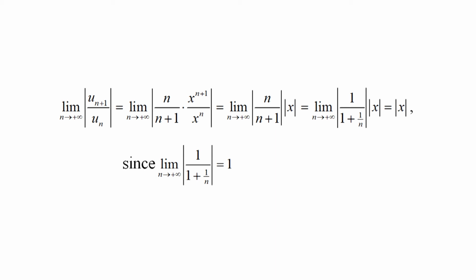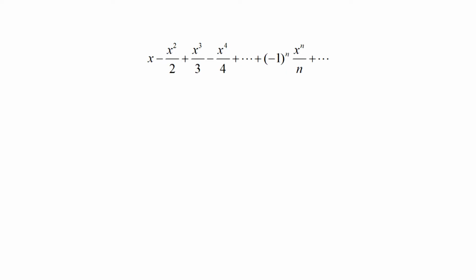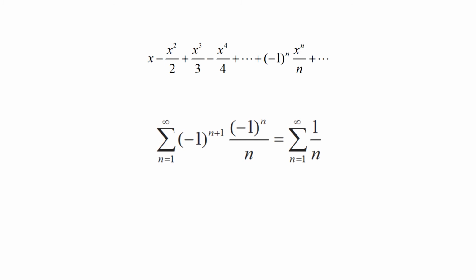Hence, the given series is convergent for absolute value of x less than 1, that is, when -1 less than x less than 1. At x equal to -1, the series becomes summation (-1) power n plus 1 into (-1) power n upon n where n from 1 to infinity, which is equal to summation 1 upon n where n from 1 to infinity, the divergent harmonic series.